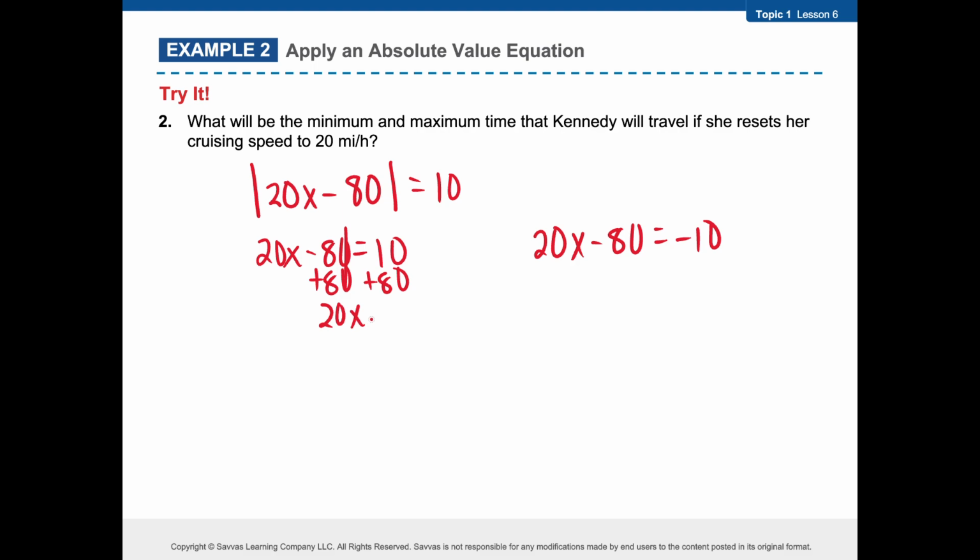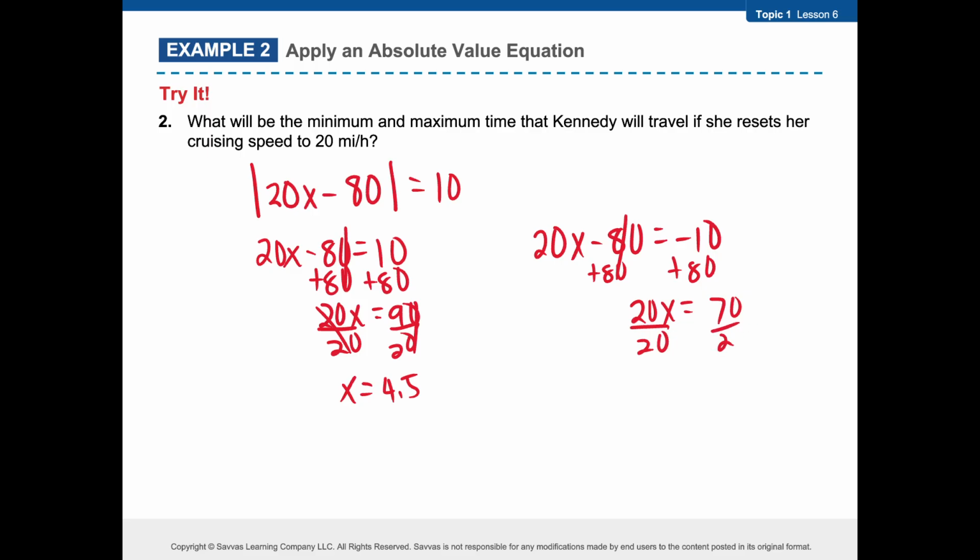Add 80 to both sides. If she goes the 10 miles more, now going a little bit slower at 20 miles per hour, it'll take her 4.5 hours. And if she goes 10 miles less, 70 miles, it will take her 3.5 hours.